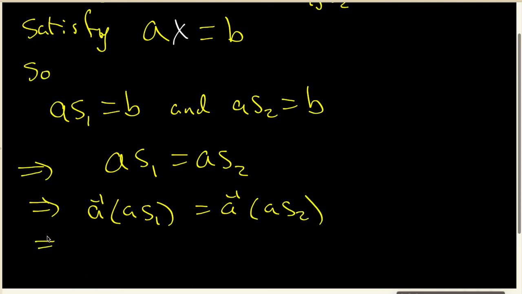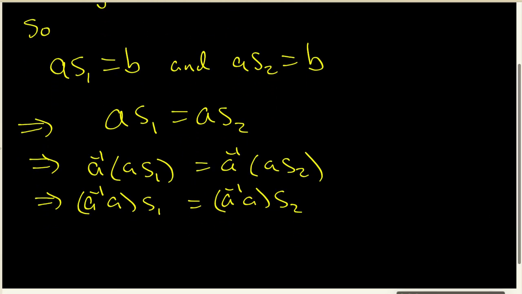But we can reassociate because we are in a group. Once we've reassociated, we see that this element here and this element here are both E by the definition of A inverse and our lemmas.